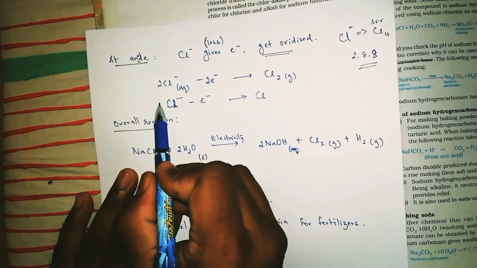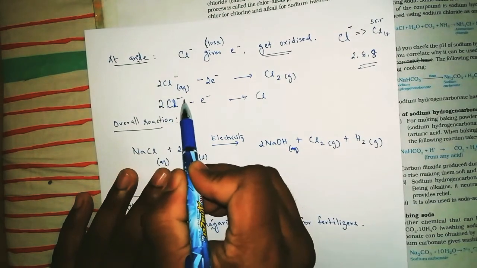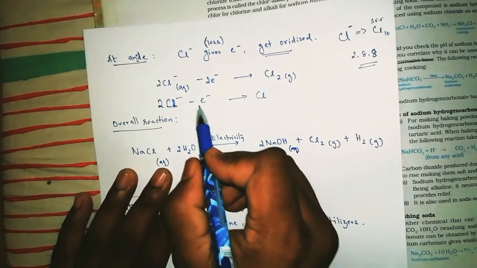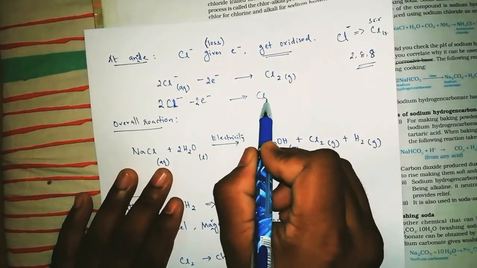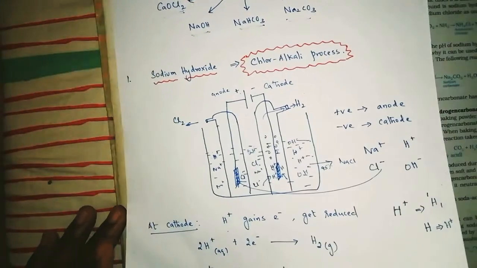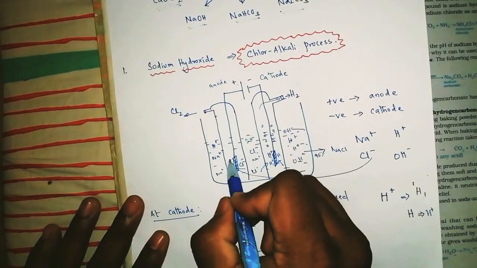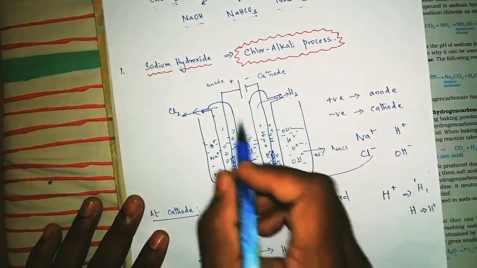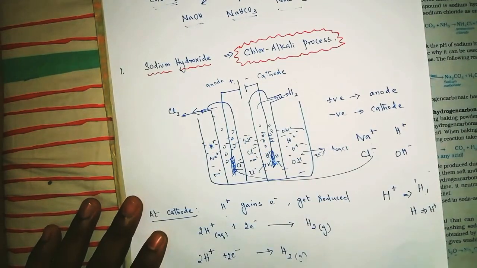Like that we got 2 chlorine, like that many chlorines are coming and attaching with that anode. So 2 chlorine lose 2 electrons and become chlorine gas. Like that only all these chlorine gas are coming out here and it will be separated in the other tank. Clear?